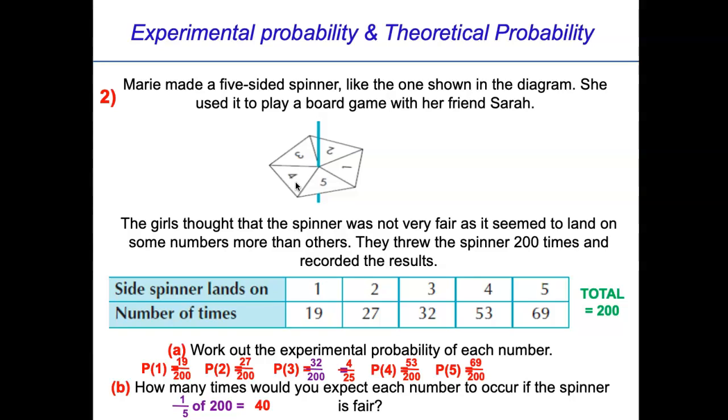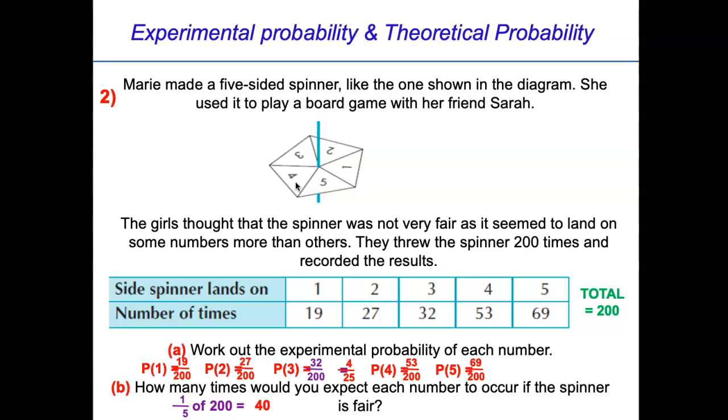So 40 times. It seems like the closest will be which one? Okay, so you decide. It seems like 3, which is 32, is the closest to 40, your expected value. Okay, so now you decide, what do you think?